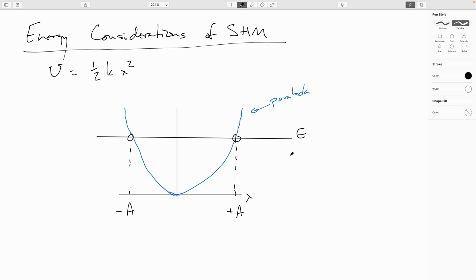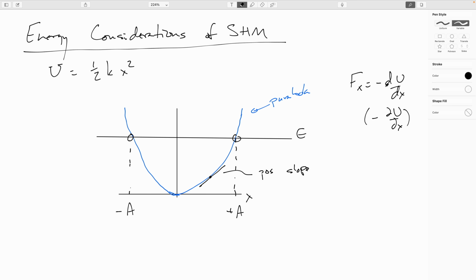All right. And we can also remember that this is a restoring force. Remember that the x component of a force is minus dU/dx. Technically, it's minus partial U partial x, but I'm not making a big deal about the distinction here. And so we can look at, say, this point right here as an example. If we draw the tangent line here, we see that we have a positive slope.